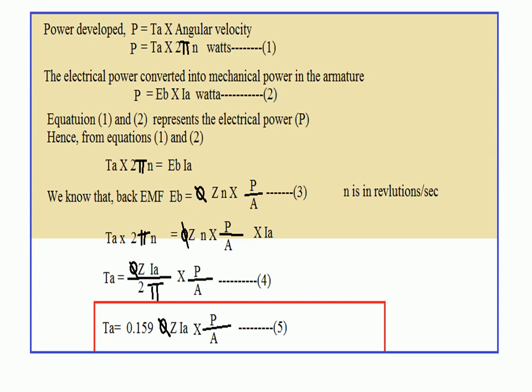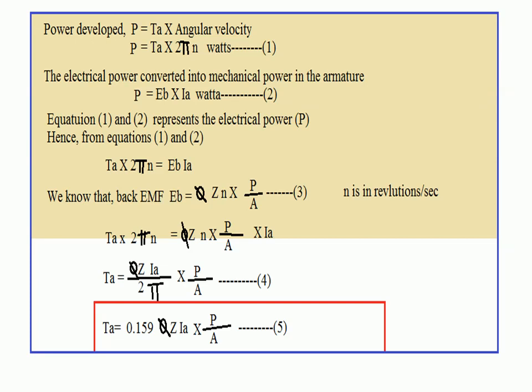Already we know EB is the back EMF. Back EMF equals phi ZN into P by A, because small n is in revolutions per second. Don't confuse. If you are taking capital N, it may be in revolutions per minute. In this derivation, speed of the armature, n, should be in revolutions per second.